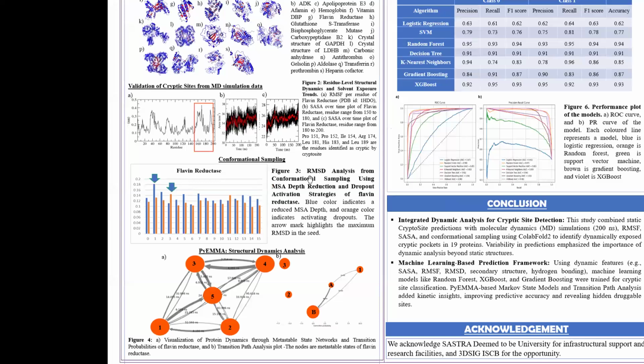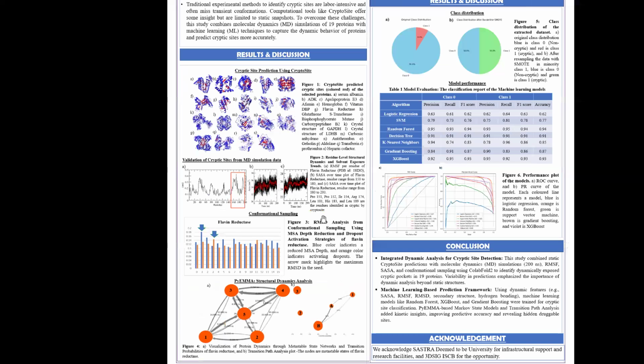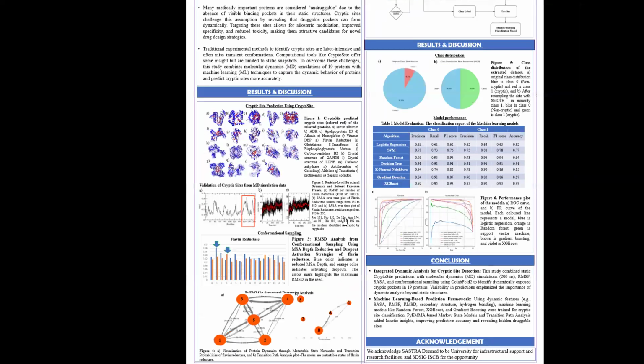So we did RMSF per residue, and then the peak region is taken for further SASA analysis, and then the regions with increasing trend are taken from this analysis and then compared with the CryptoSite analysis, and here the residues were listed for flavin reductase protein.